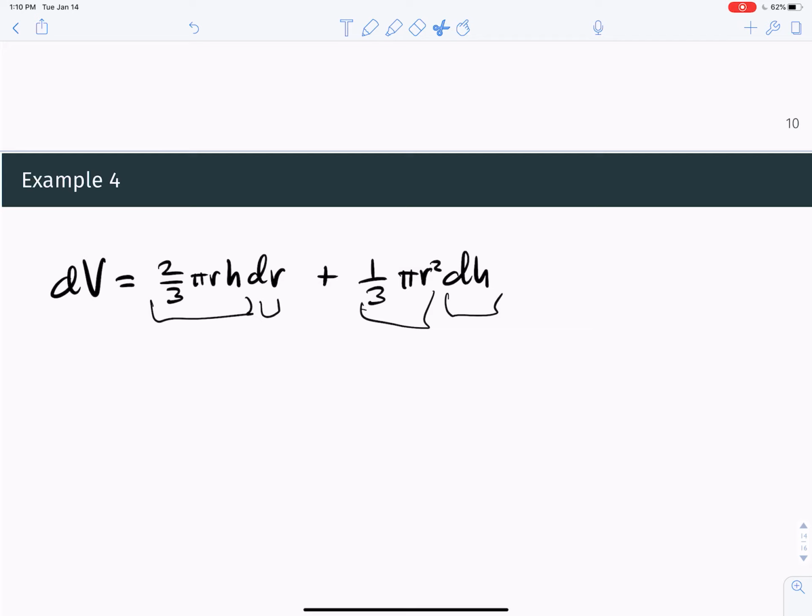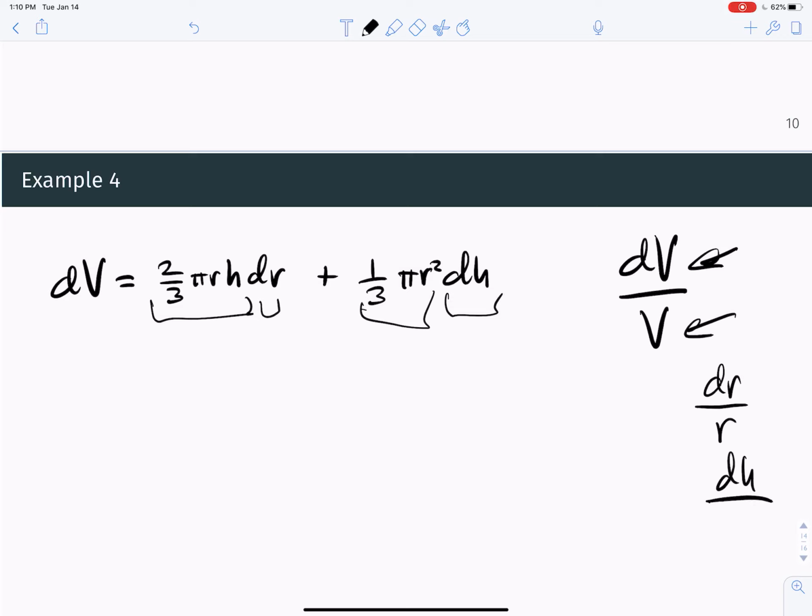So percentage change is dV over V, a change in V divided by what V actually is. So dV over V is a percentage change in V. Similarly, dr over r would be percentage change in r, and dh over h would be percentage change in h.